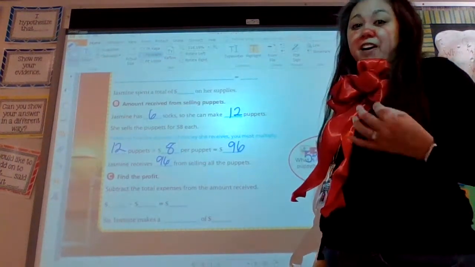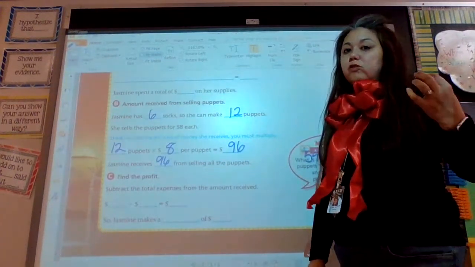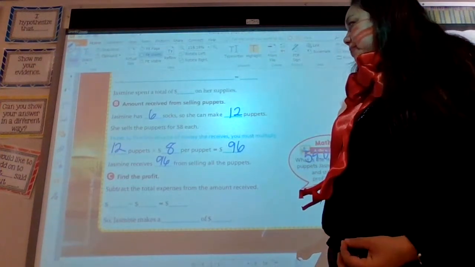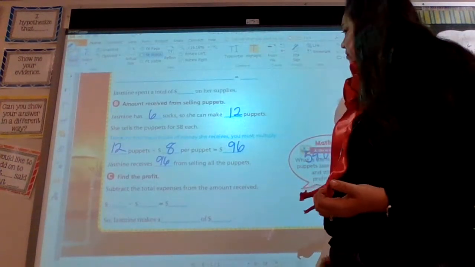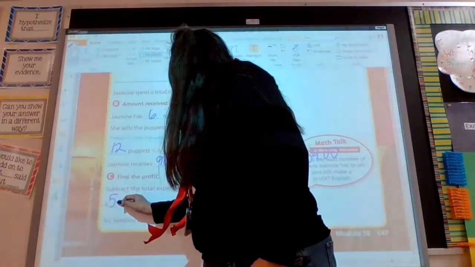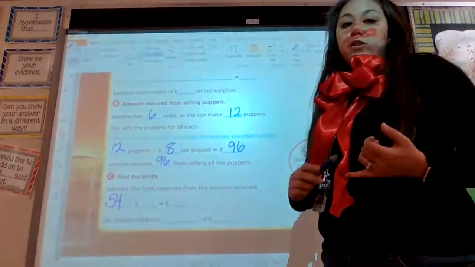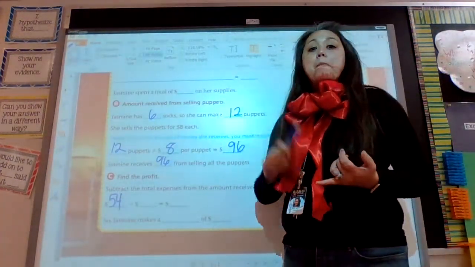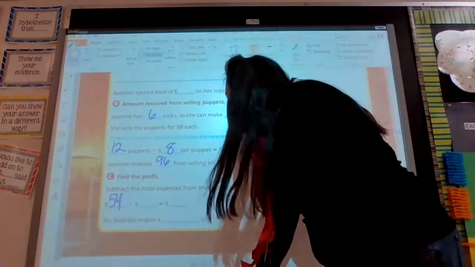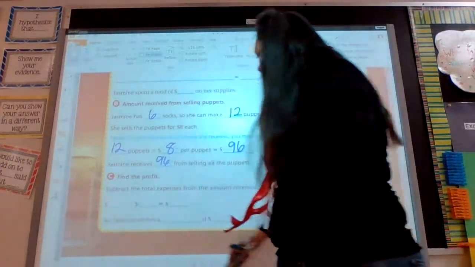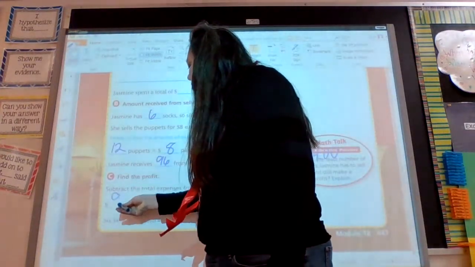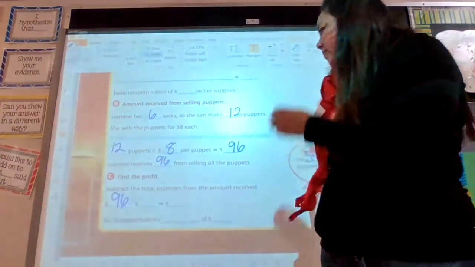Now here's how we find the profit. Remember I told you that we're going to take the total expenses, money made, which is $54. I wrote it up there. That was our $54. That's our revenue. That's our money made. The money that we made was, oh wait, I so did not tell you that right. I am so sorry. We made $96. That's our revenue.